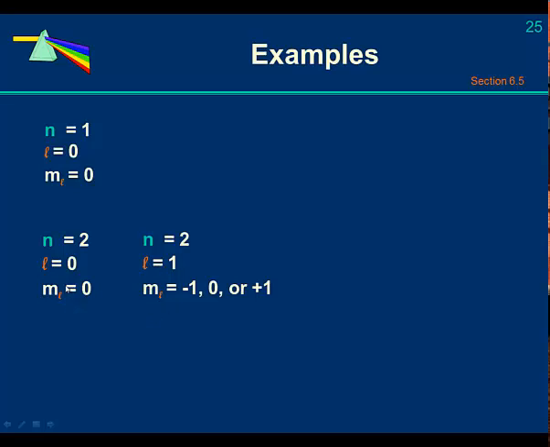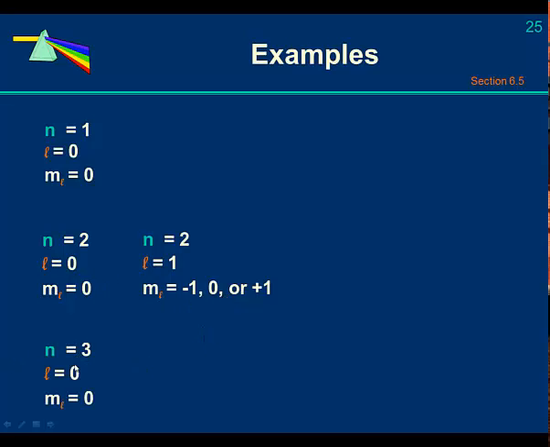Here I've got an m sub l value with n equals 2 and l equals 0, and 3 more m sub l values with n equals 2 and l equals 1. That represents 2 different subshells, although all of these orbitals are in the same electron shell. They're simply in different subshells.